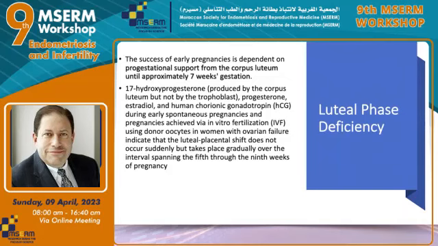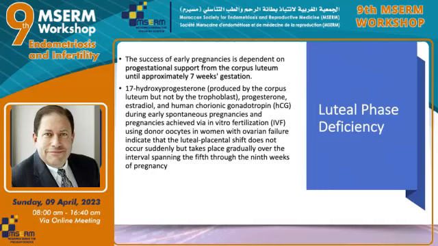miscarriage. So success of early pregnancies is truly dependent on the corpus luteum producing progesterone until about 7 weeks gestation. That 17-hydroxyprogesterone, which is produced by the corpus luteum but not the trophoblast, so it's a different progesterone molecule, we're able to show that 17-hydroxyprogesterone does in fact indicate that a shift from corpus luteum-based progesterone to placental progesterone does occur gradually.